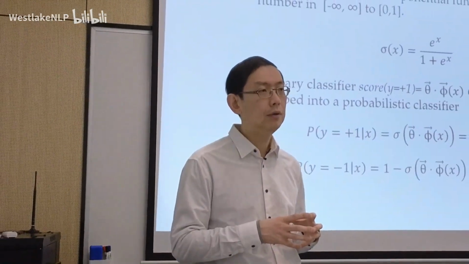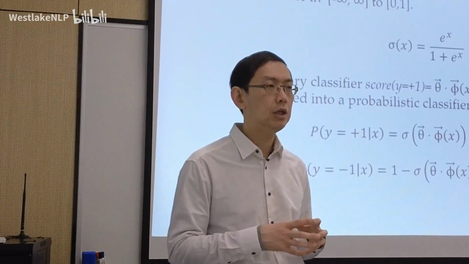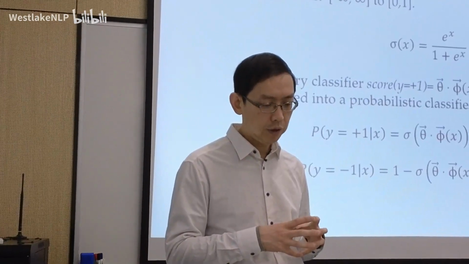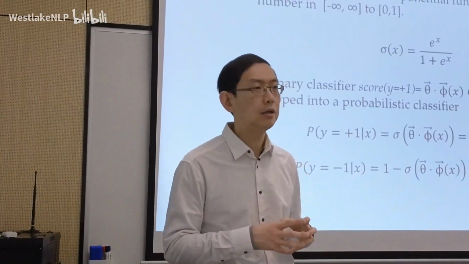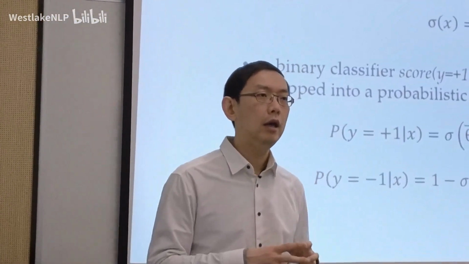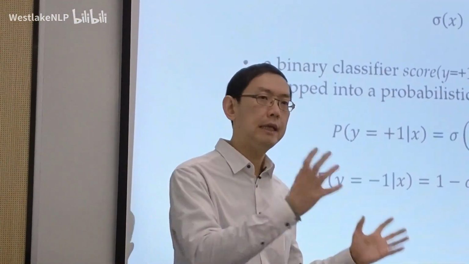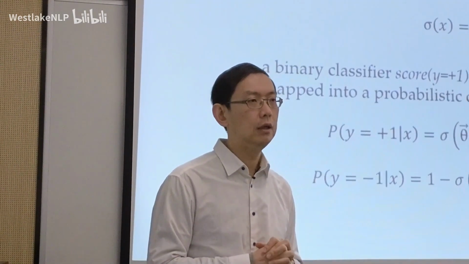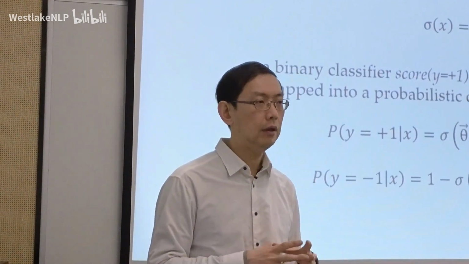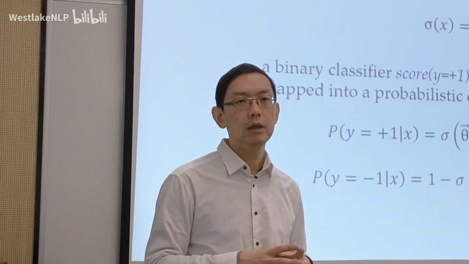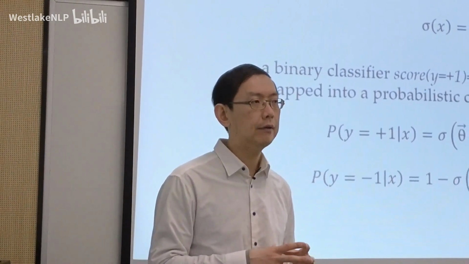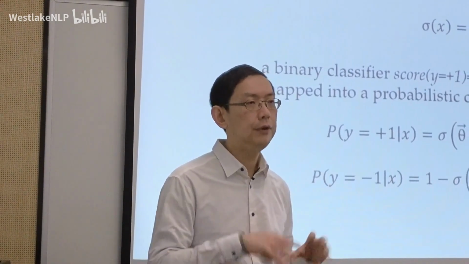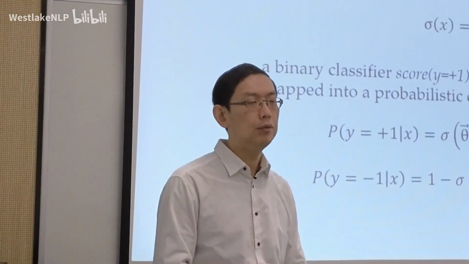So how do you do binary classification? We assume that x is a feature vector that represents the input document, as we learned last week when beginning with binary classification. So phi(x) is a feature vector that represents the input document.